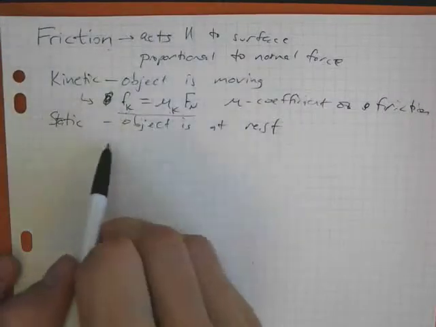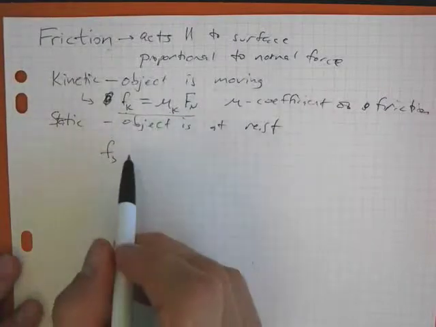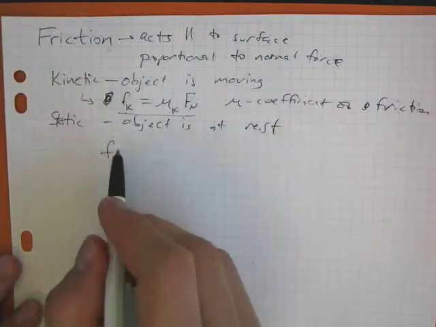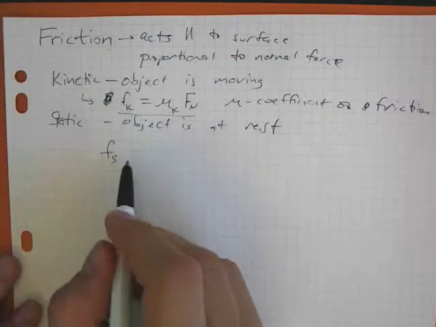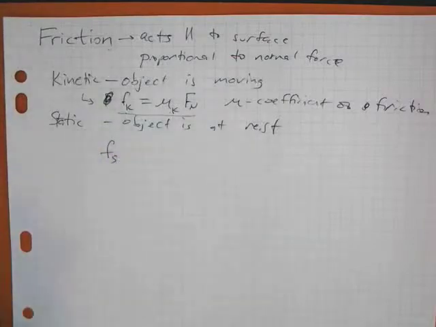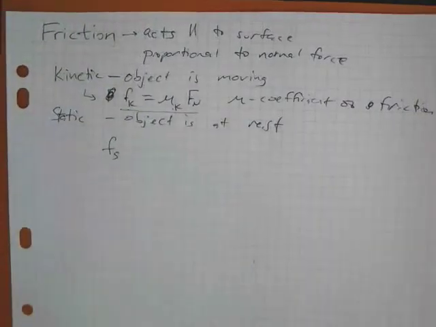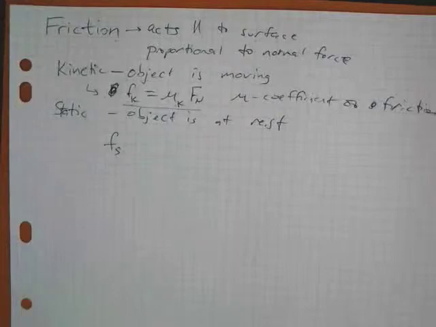Static friction is different because static friction opposes an applied force. So if I try to push my desk sideways, there's a static frictional force that balances out the force that I push with, and then if I let go, that static frictional force drops back to zero.